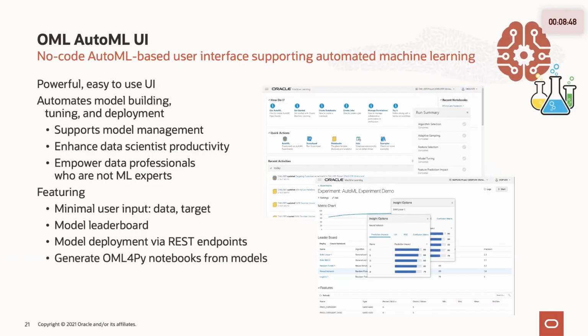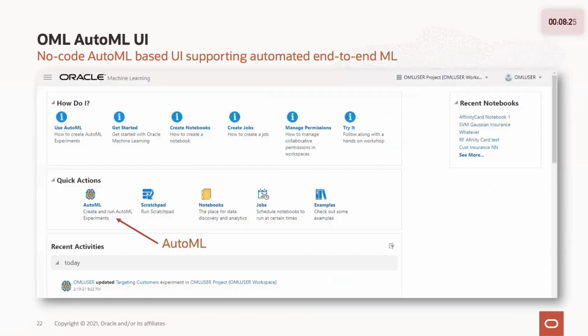So then the idea is that it's a no-code, AutoML-based user interface. You don't have to do any coding. It is a complete UI, and we're going to go through it so you can check and see the different stages there. But it's really very minimalistic and lets you customize things later, right?